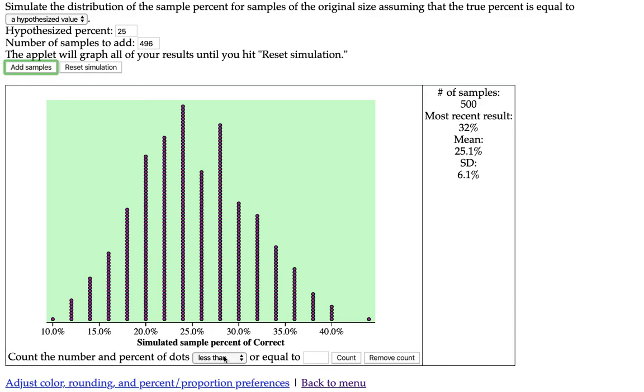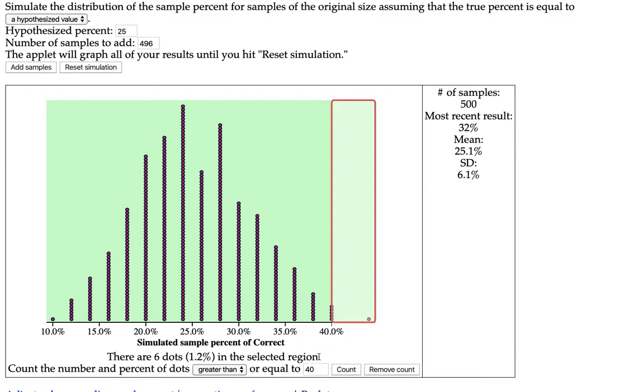So what we're looking at is, I said our alternative hypothesis is that he was greater than, or better than, a random guesser. So let's look at what he actually got. He actually got a 40. According to this, if Jake is randomly guessing, he would only score a 40% or better about 1.2% of the time.